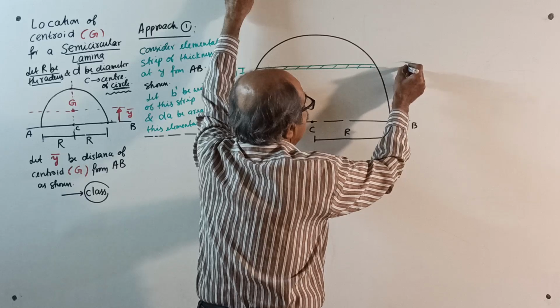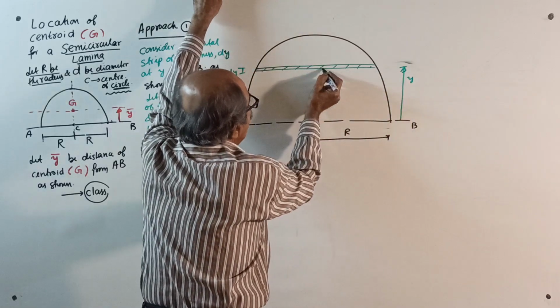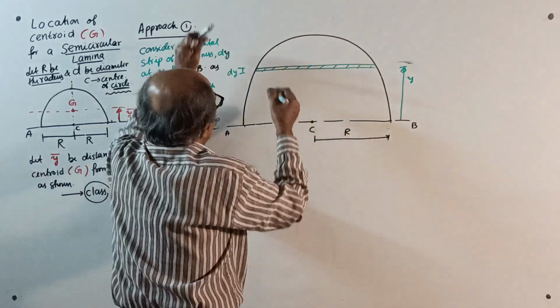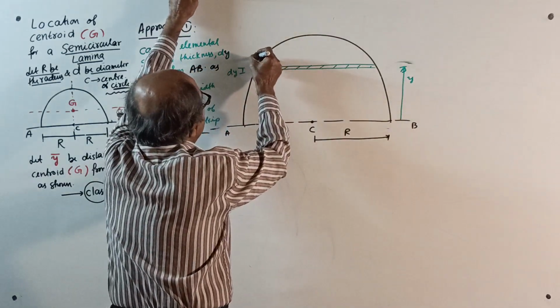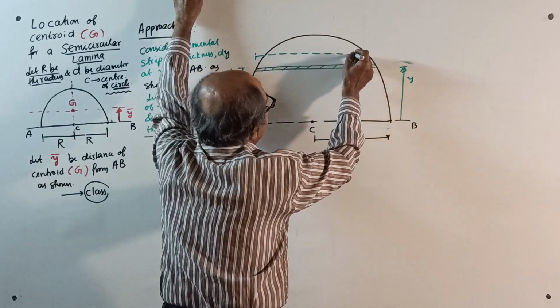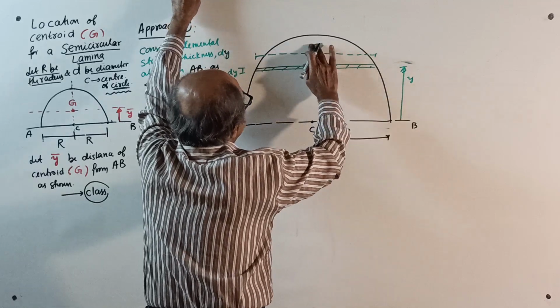This is y. Sometimes people ask, sir, is that y up to here or here? No, no, this is so small you can't make out y. Now I will project here. This is the width of the strip, B dash. I have written the statement there.